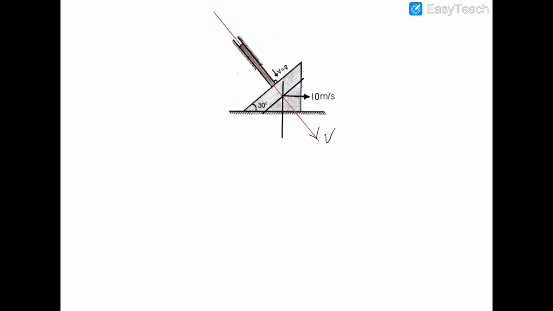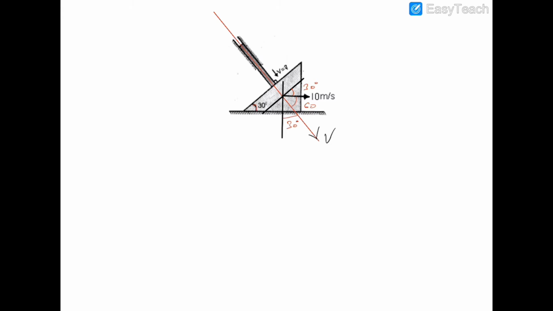So this angle is 30 degrees. This will be 30, and this angle will be 60 degrees. And this will be 30 again.